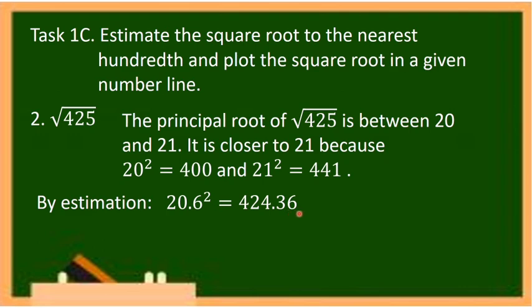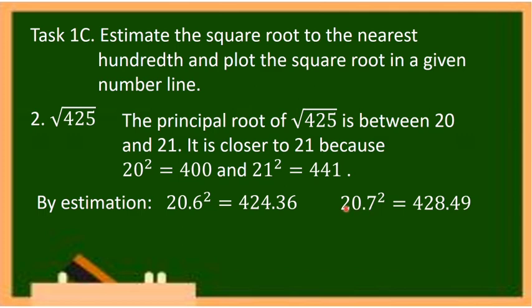Now, the second one, wherein we can find the decimal number and if we get the square, we can see it is in between 425. So we have 20.7. If we get the square of 20.7, or simply 20.7 times 20.7, it is equal to 428.49.